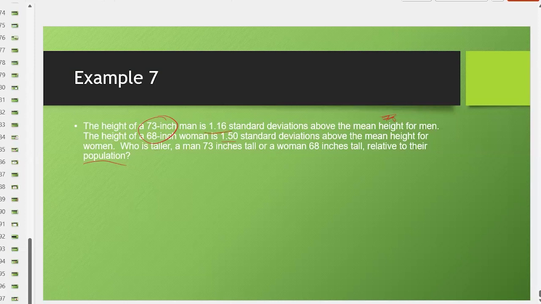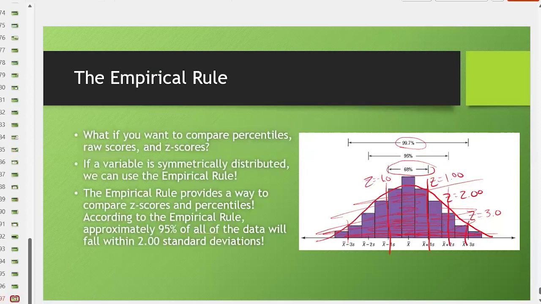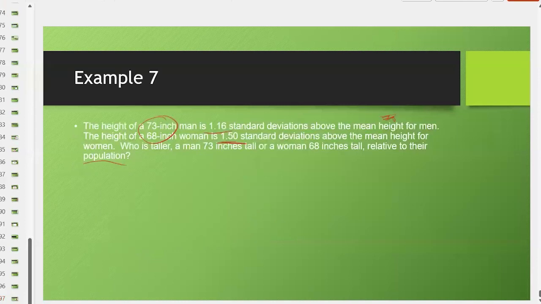A z-value of 1.16 is closer to the average than a z-value of 1.5. The person taller relative to their population is going to have a larger z-score. They're going to be higher up in this distribution. They're going to have more people below them, a higher percentile in the data, if you will, because they're further away from the mean.